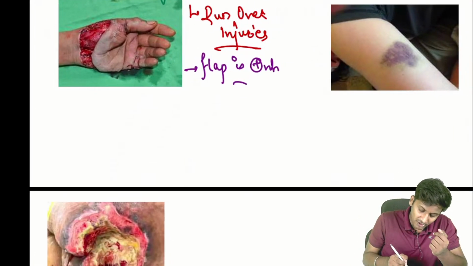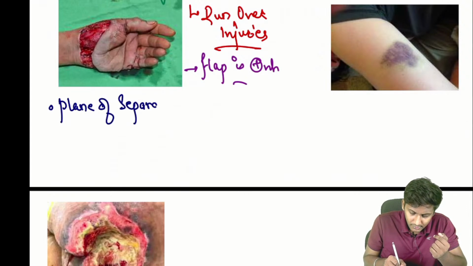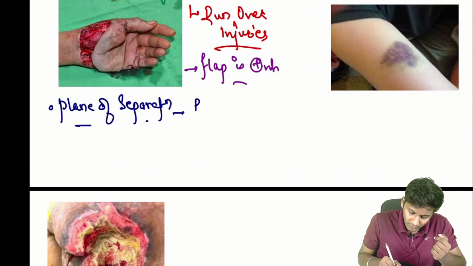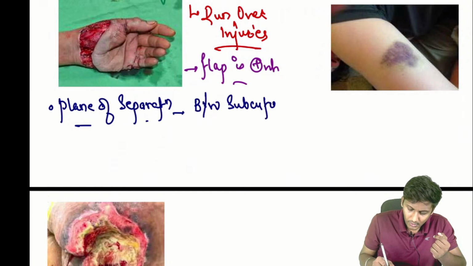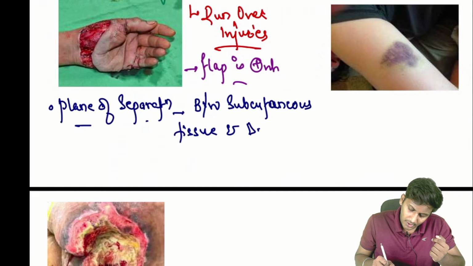So please remember the plane of separation. It is between the subcutaneous tissue and the deep fascia.